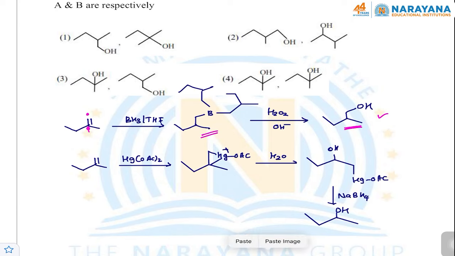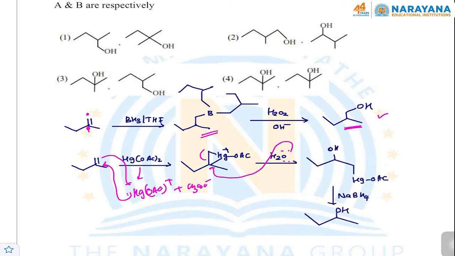And the alkene is reacted with HgOAc twice, oxymercuration demercuration. HgOAc first loses acetate ion, giving HgOAc+ and CH3COO-, which is attacked by the alkene to form a three-membered intermediate, which is cleaved by water to give this type of intermediate.